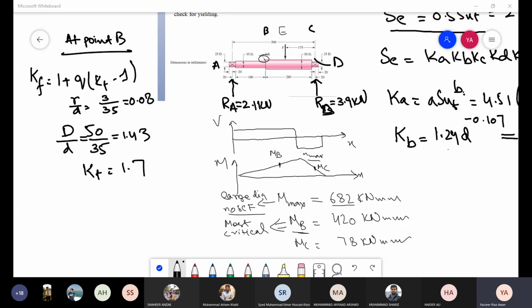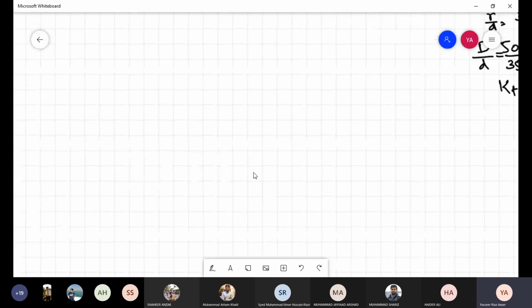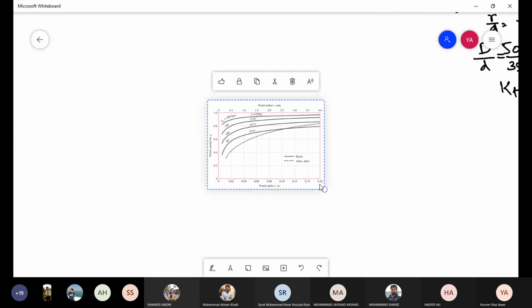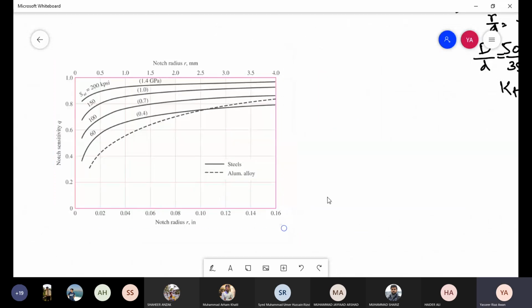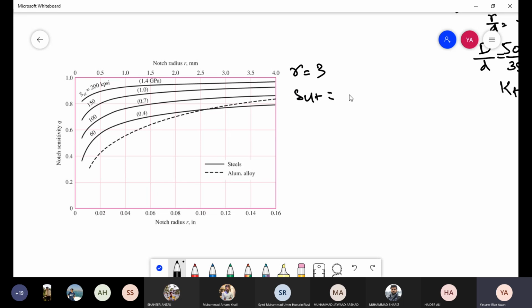And then we have to look at the notch sensitivity. So notch sensitivity for radius 3 and Sut 470.